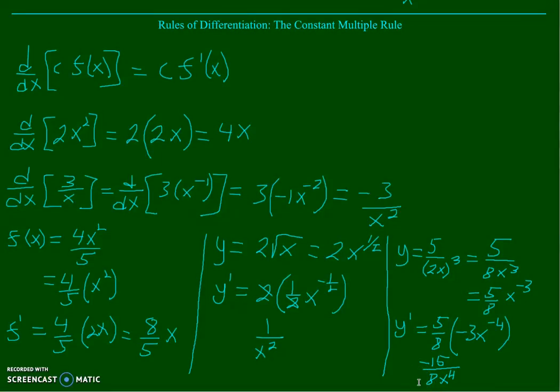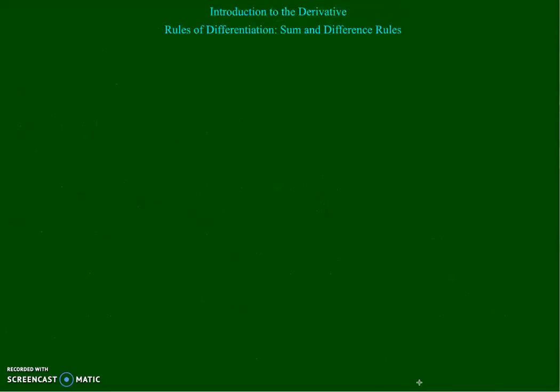Next, we're going to look at the sum and difference rules. The sum rule of differentiation says that the derivative with respect to x of some function f of x plus some function g of x equals the derivative of f plus the derivative of g.